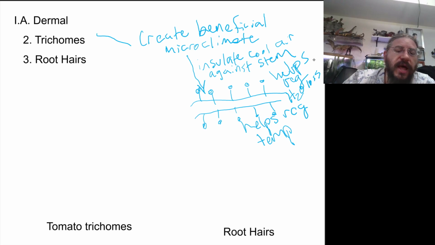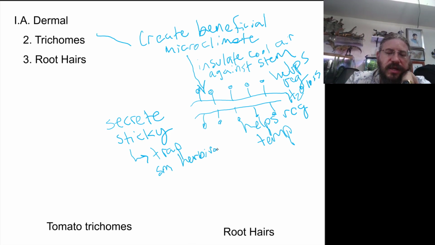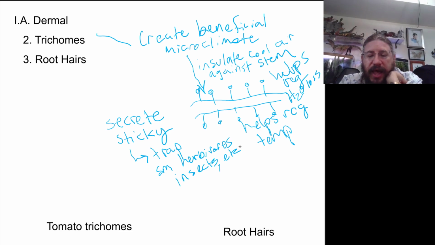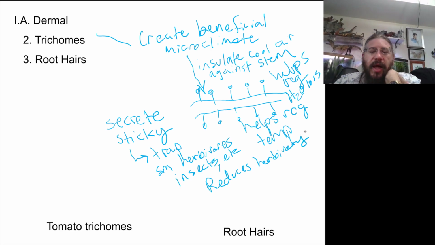A lot of trichomes can have adaptations for defense or even offense. So there are trichomes that can secrete sticky substances that trap generally small herbivores, so basically insects and smaller insects, etc. This can help prevent herbivory, basically a defense against herbivory.